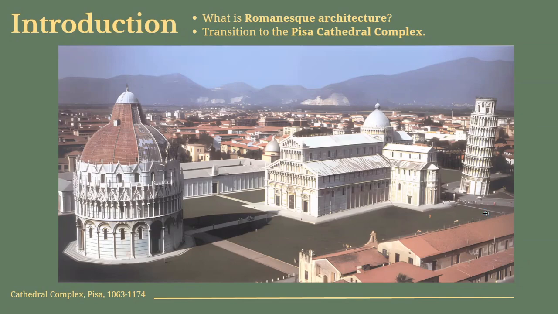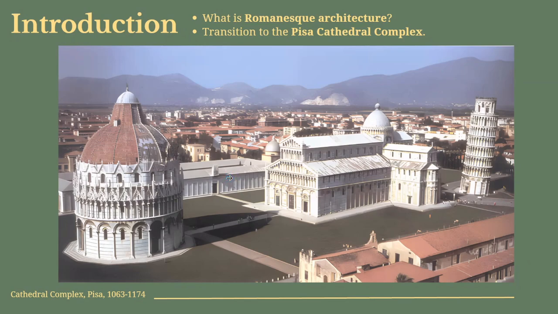The Pisa Cathedral complex includes Pisa Cathedral, the main one in the middle, the Leaning Tower of Pisa, the Baptistery, and the Monumental Cemetery, which is in the back.